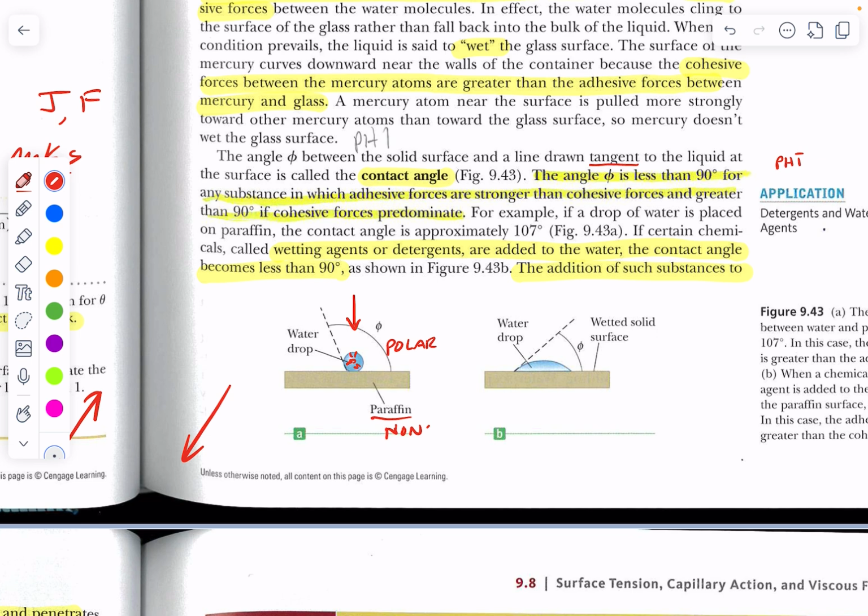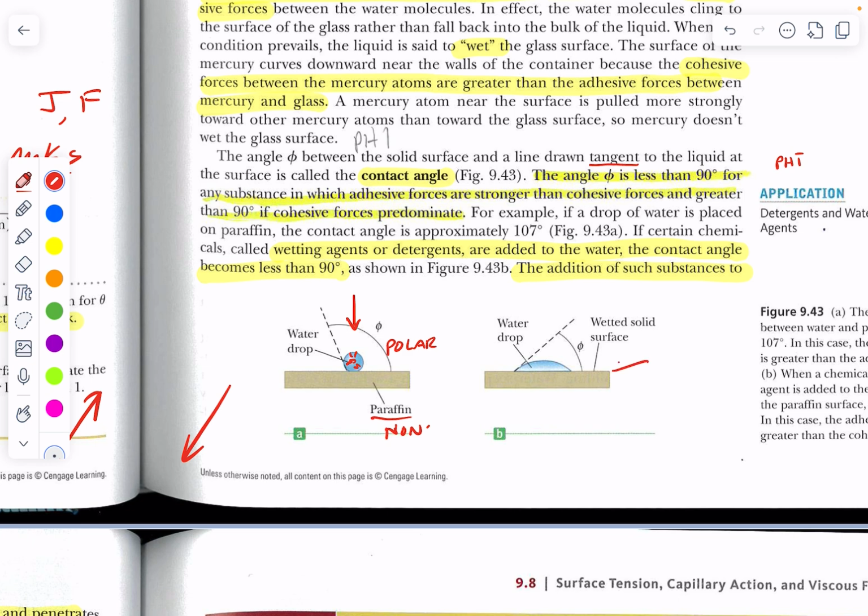Think about water falling on a waxed surface of a car after a car wash. Or think about water falling on a windshield that's been coated with one of those sprays made out of some nanoparticles that make it difficult for the water to adhere to the surface of the glass, so it beads up, and you don't need to use your windshield wipers as much.